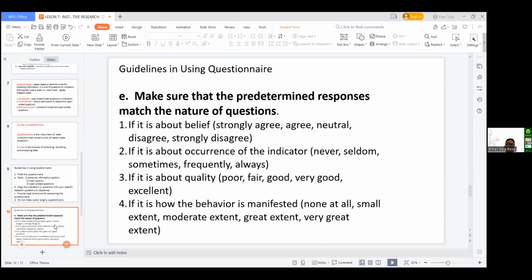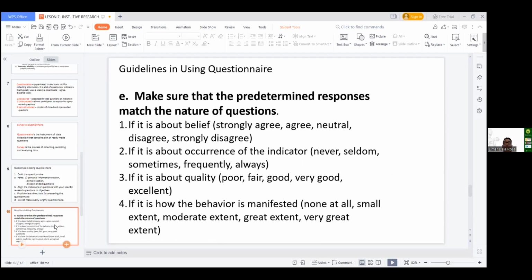Make sure that the predetermined responses match the nature of the questions. Ano ang gagamitin ko daw na predetermined responses? Depende kung ano yung sinusukat. If it is about belief, I believe, I think, mga ganon, so you ask them to respond using the strongly agree, strongly disagree format. So 1, 2, 3, 4, 5.